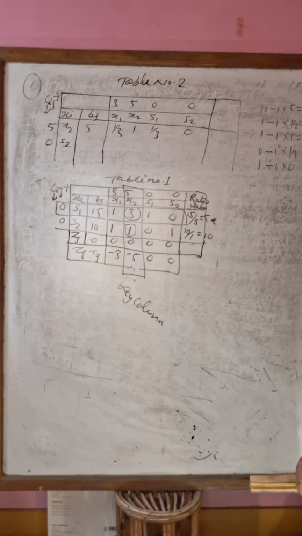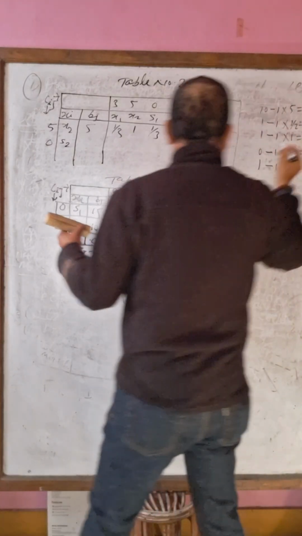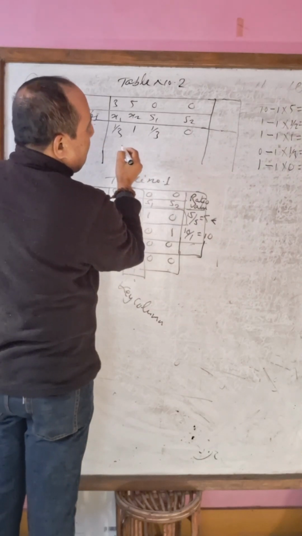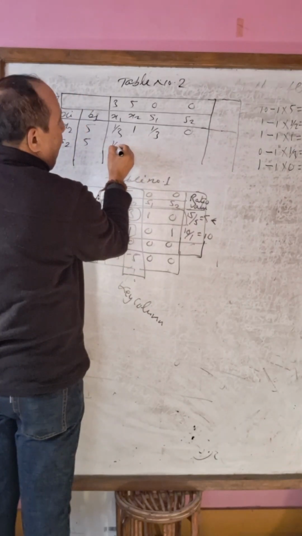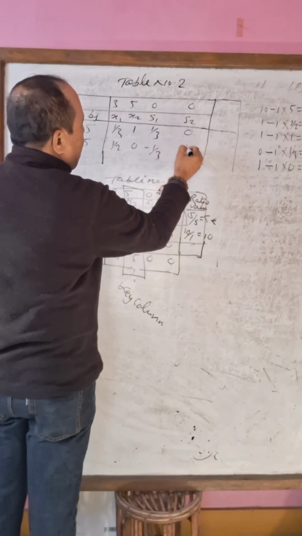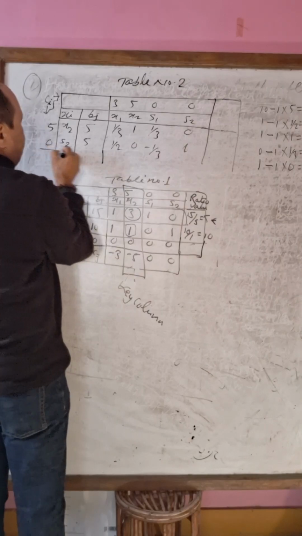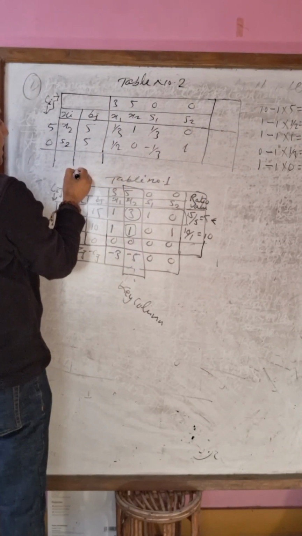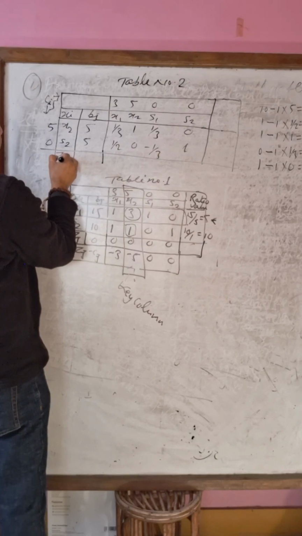This is 0. This is minus 1 by 3, and this is 1. Okay? Now you copy all the values: 5, 1 by 2, 0, minus 1 by 3, and 1. Okay, finished. Now, similarly, you calculate ZJ.